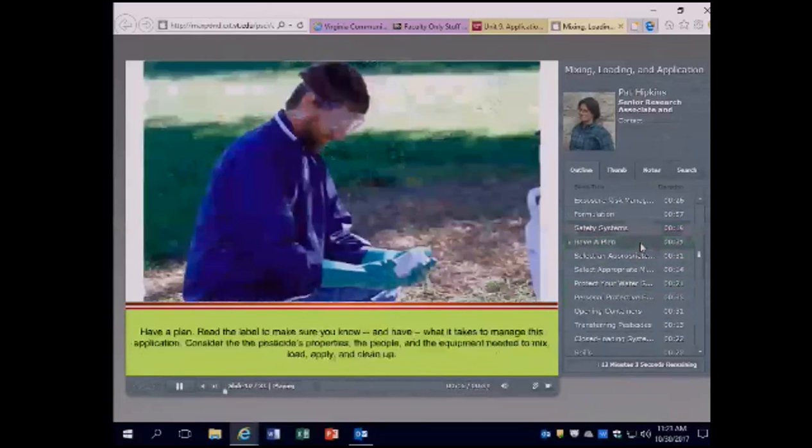Have a plan and use the product label to guide you when you're planning for both short and long term, meaning what you need for one application and what you need for a season. Be sure you have the right people and equipment for the job. Be sure all handlers are, number one, able to perform the work, number two, properly trained, and number three, certified if and as required by state and federal laws and regulations.